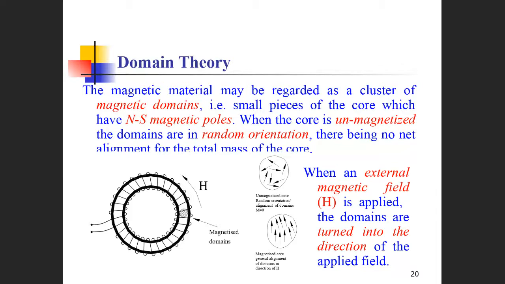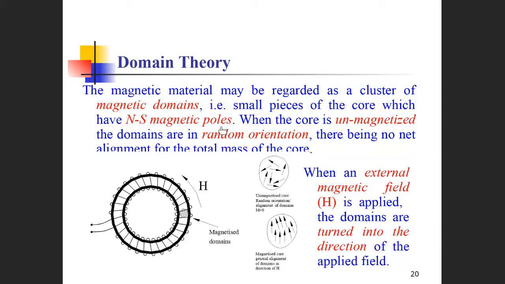Many magnetic pole materials. We call these NS magnetic poles. They are very small, invisible, but the number is limited.